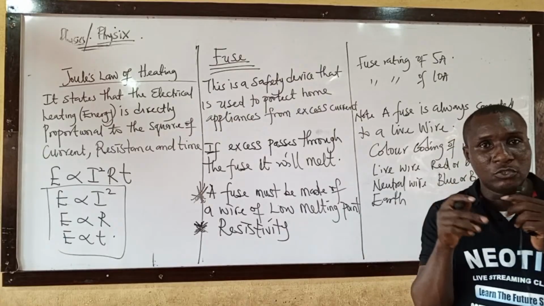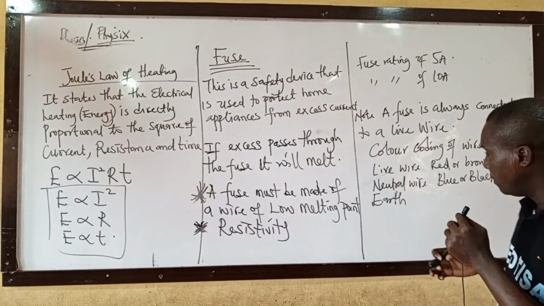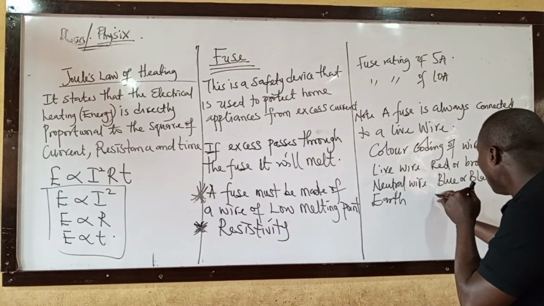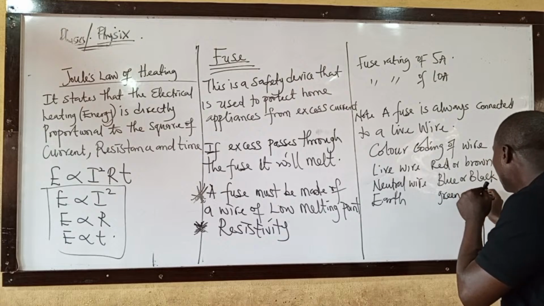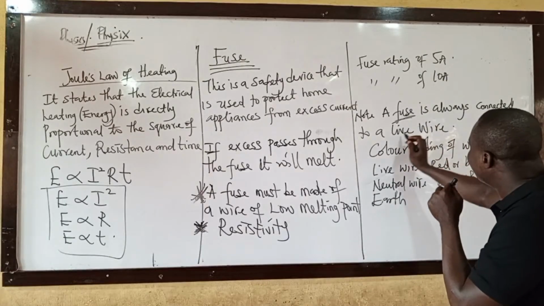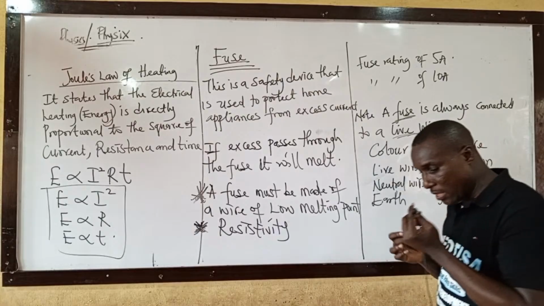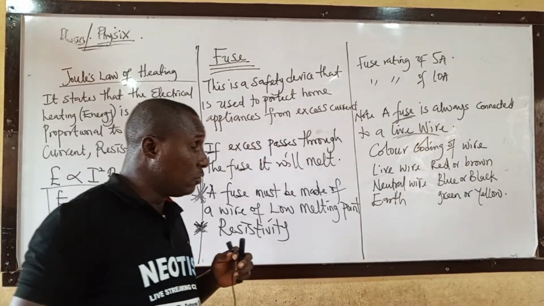The color of the earth wire is green or yellow. Take note. Don't forget, a fuse is connected to a live wire. Please take note of that.